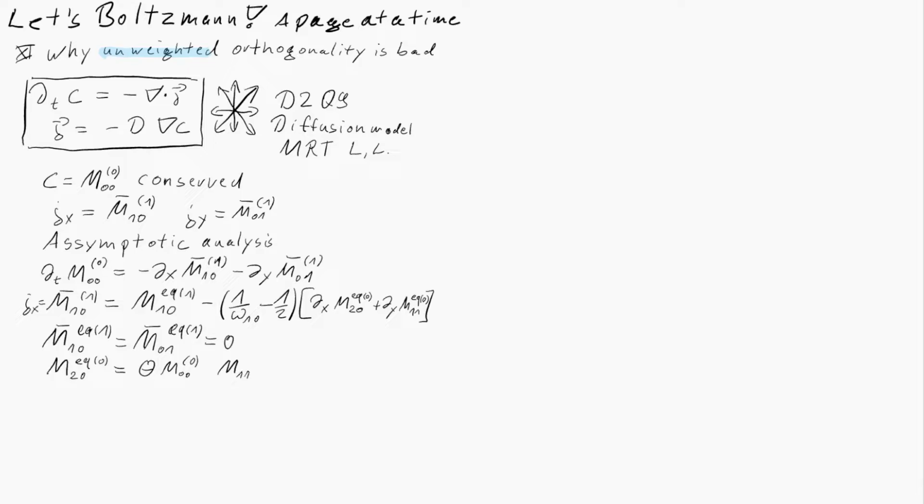We specify that m11 equilibrium to 0 order is equal to 0, and also m22 equilibrium to 0 order would be theta square times m00.